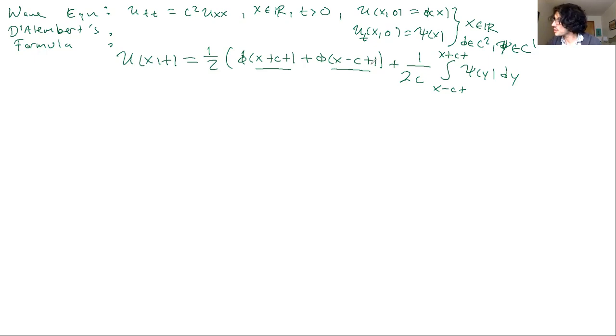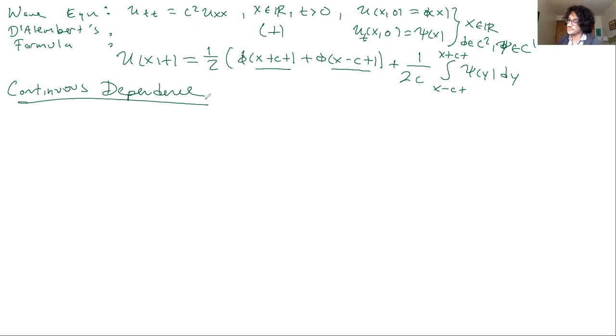So if we have this initial value problem, which we call dagger, and we want to say something about continuous dependence, then we can use D'Alembert's formula in order to show that any solution, as we change the initial data, will continuously depend on that initial data.